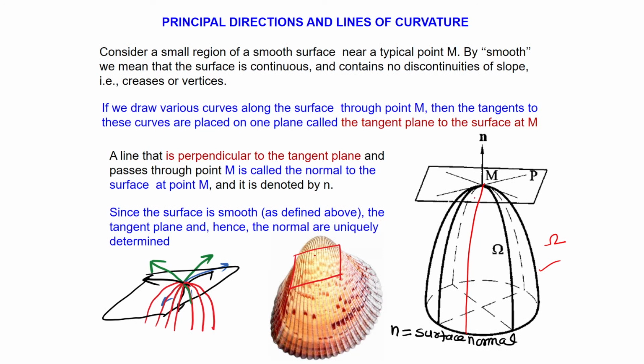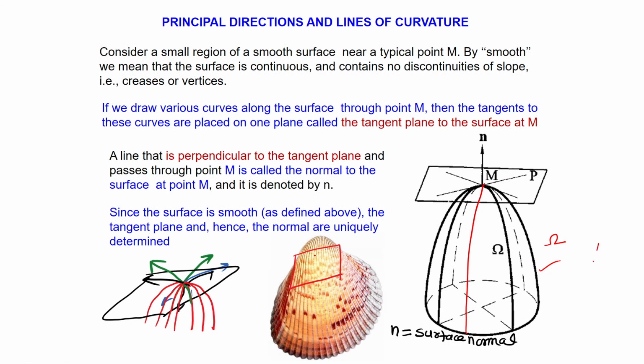Then what do you mean by smooth? It means the surface is continuous and there is no discontinuity of slopes, no vertices. We have to select an area where it is smooth, with no vertices and no discontinuity.